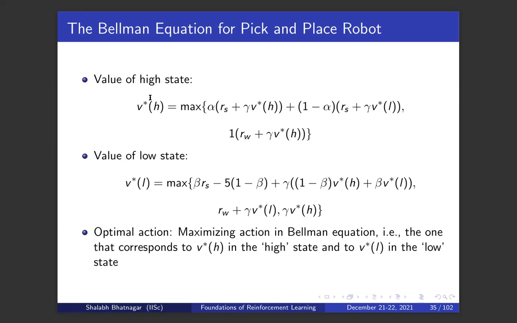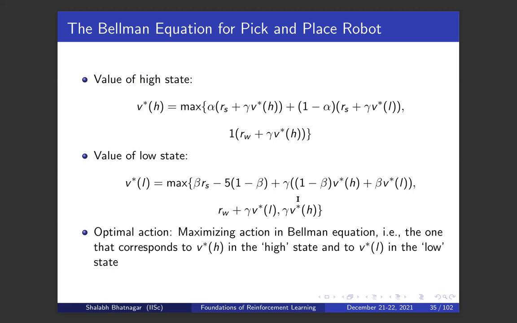So there is the value of the high state. You can write, there are 2 actions that are feasible in the high state: the search action or the wait action. Corresponding to that, you can write down what the corresponding costs are. And likewise for the low state, there are 3 actions now available. There is the search action, whose cost is essentially this whole thing. There's the wait action whose cost is here, and then there's the recharge action whose cost is this.